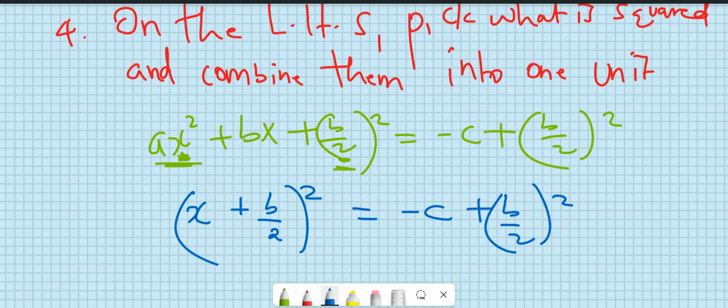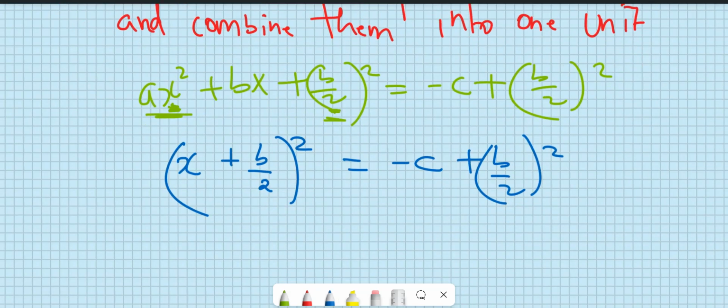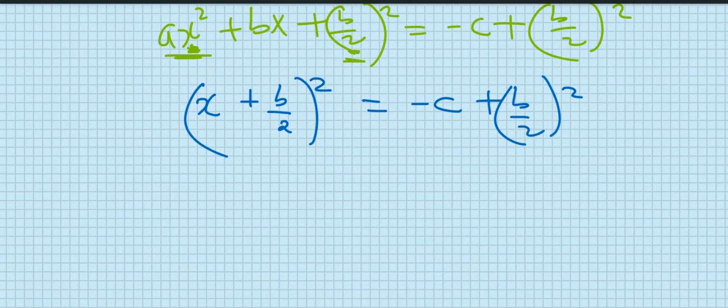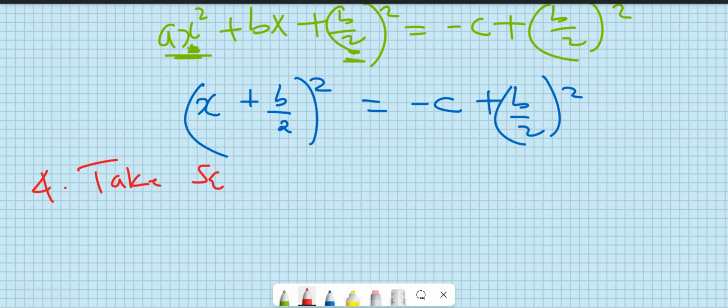So let's solve that. To solve that, what do we do? So here we take square roots both sides. So that's the fourth step, actually. So the fourth step is take square roots both sides.